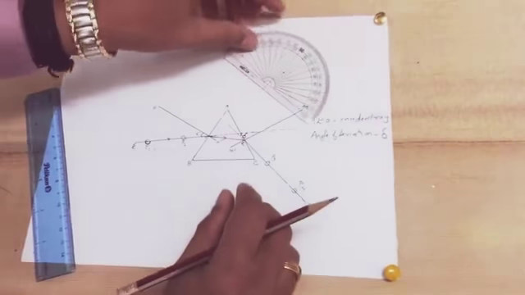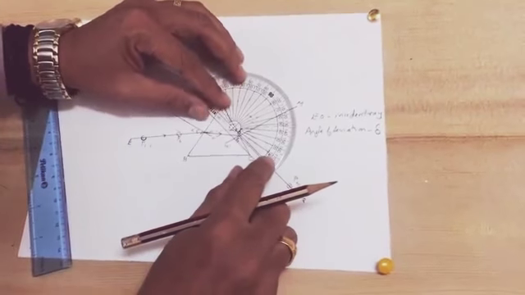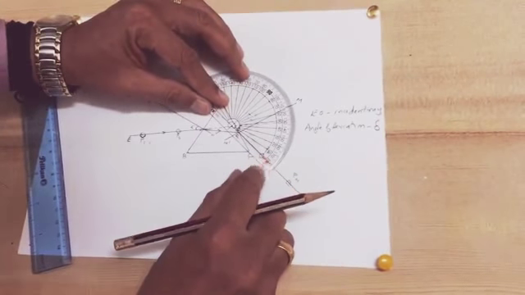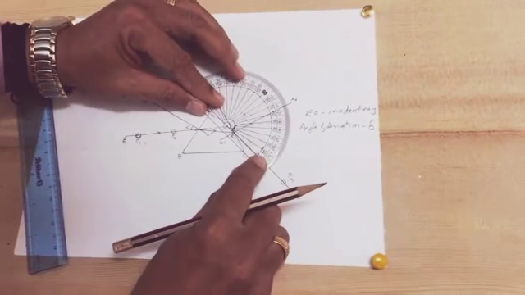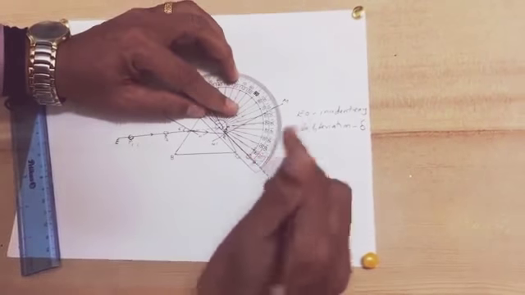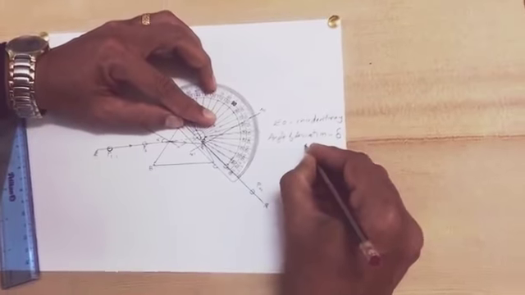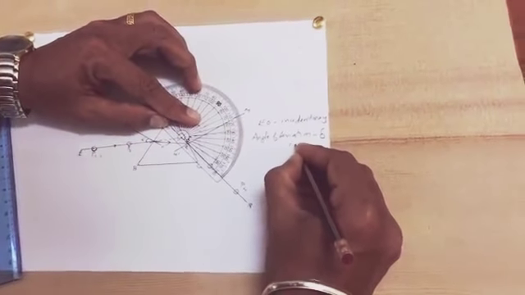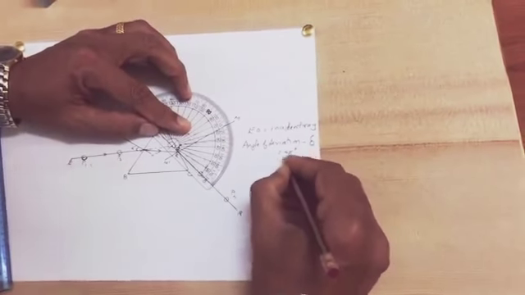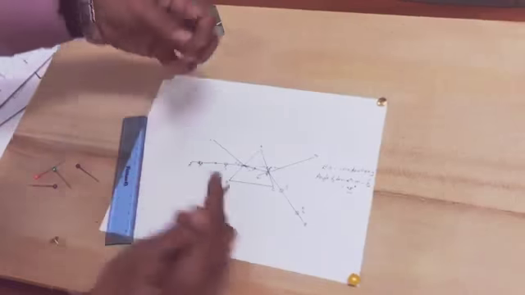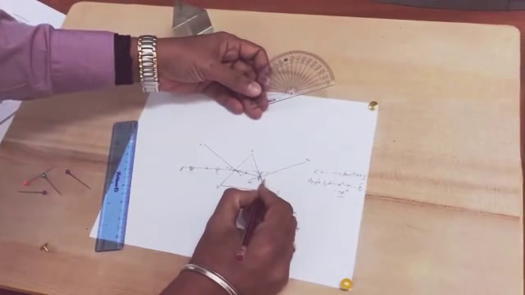With the help of a protractor, you can measure the angle of deviation. In this case, the angle of deviation is equal to 48 degrees. Now we have to measure the angle of emergence.